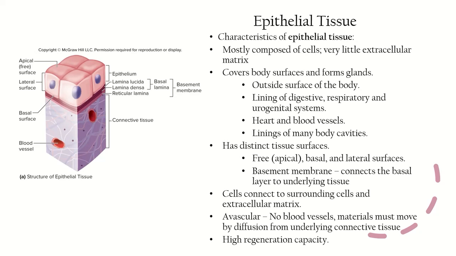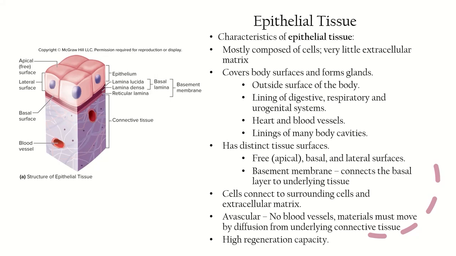Typically, epithelial tissue is avascular, meaning it does not have blood vessels. So in order to receive materials, oxygen, and other things, it has to undergo diffusion. And that's why we learn about why diffusion is important from the underlying connective tissue where you have your blood vessels, right?